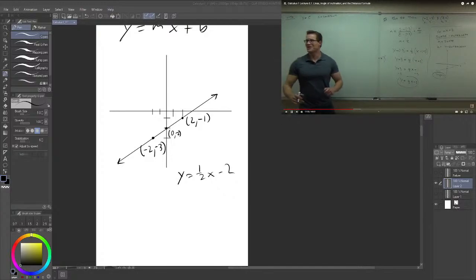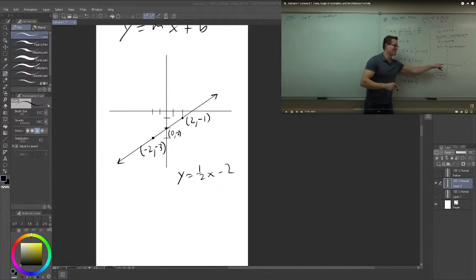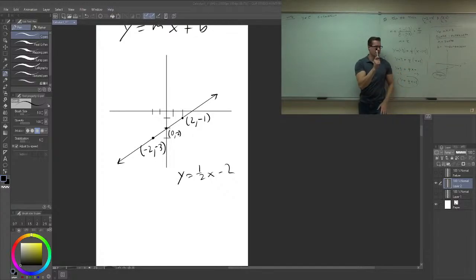Well, they're all straight lines, right? I would have said that, a straight line. What I think you might mean is, is this a vertical line or a horizontal line? Horizontal line. You know the way you can tell? What variable do you have up there? That means it's going to cross the y-axis. Whatever variable you have.